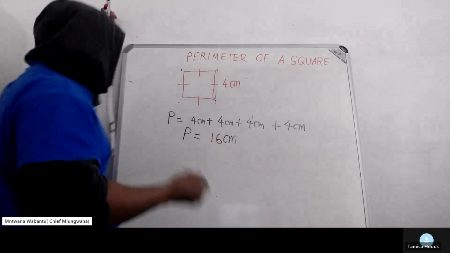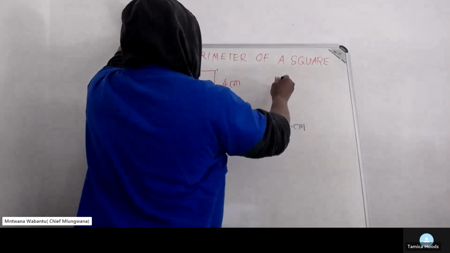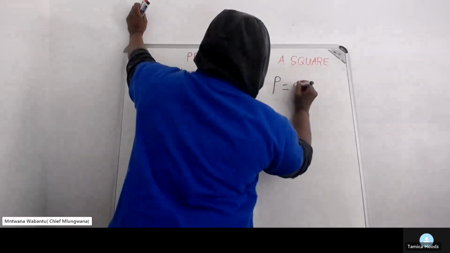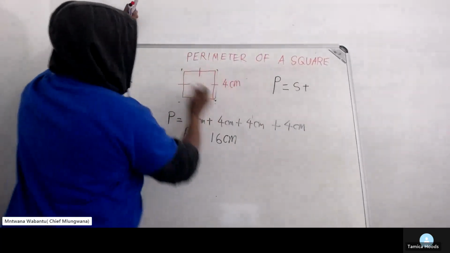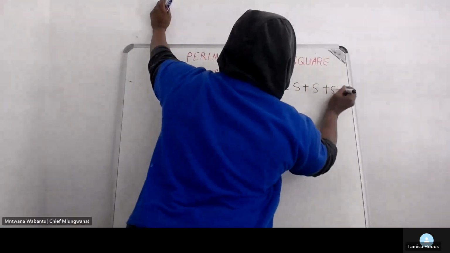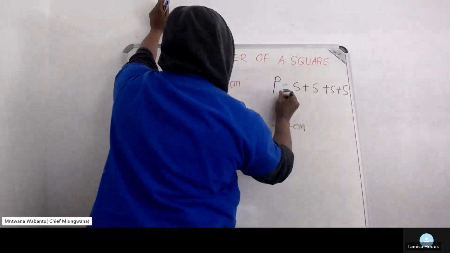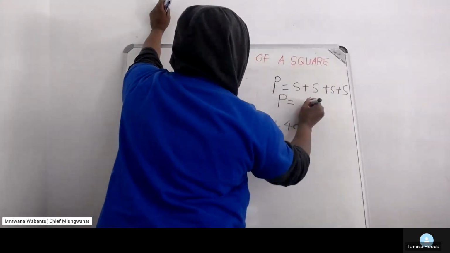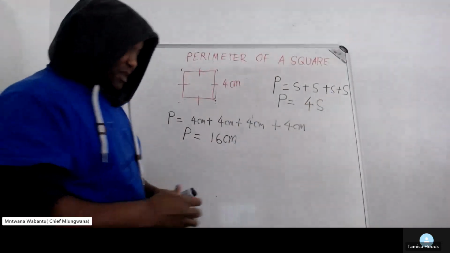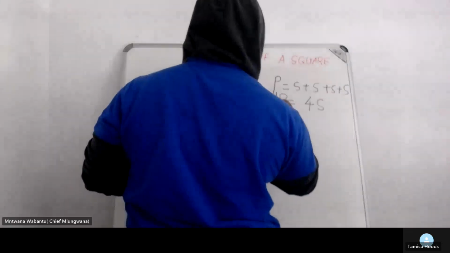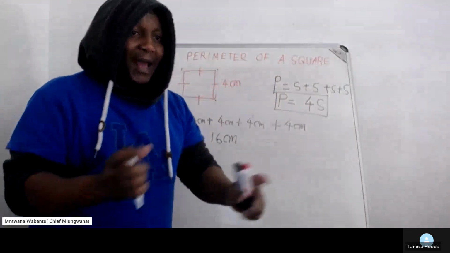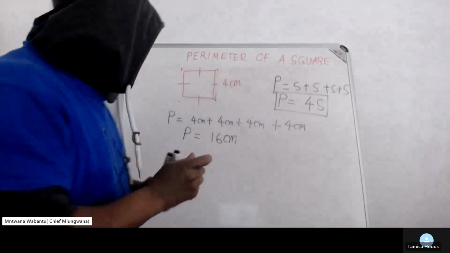So if you want to create a formula, say perimeter of a square equals side plus another side plus another side plus the last side. If you want to write one formula, you say perimeter equal to 4 side. So you must differentiate the perimeter and the area of a square. Okay? Yes.